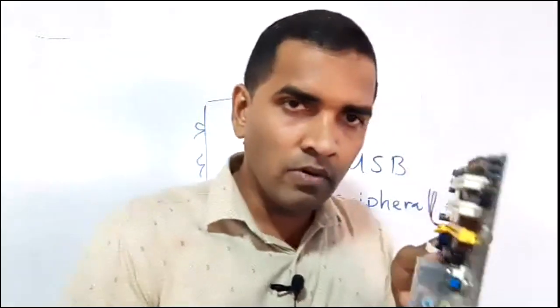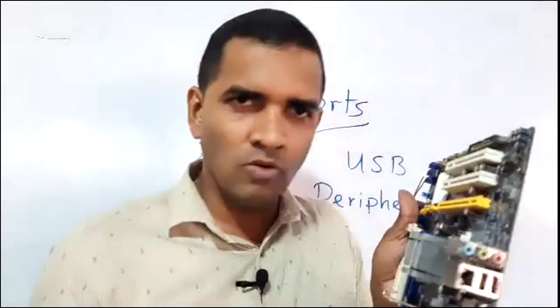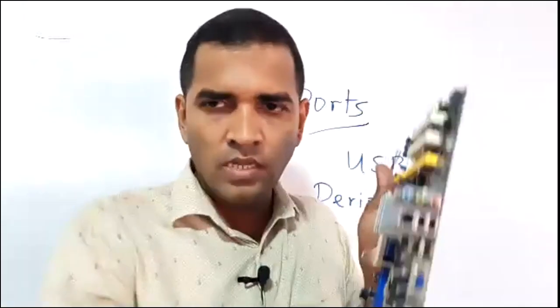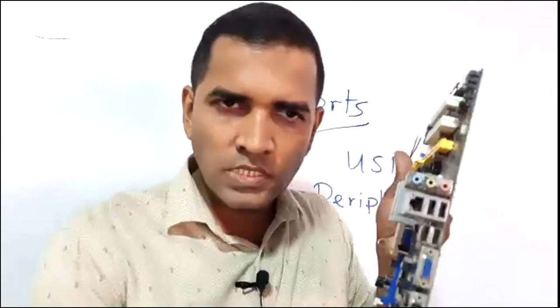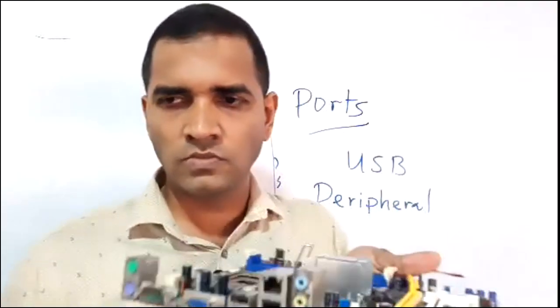That's why for us it seems that the ports are on the back side of the system unit. Actually, ports are not located on the back side. They are located on the motherboard. But they show this place outside of the system unit, and that's why we can see these ports.